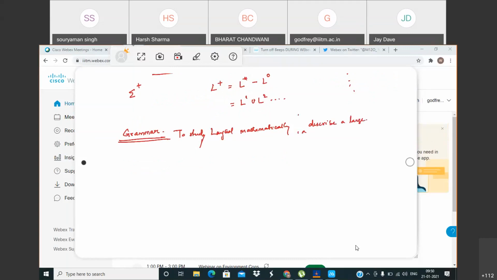We need a mechanism to describe a language. So the grammar is basically a language definition mechanism.